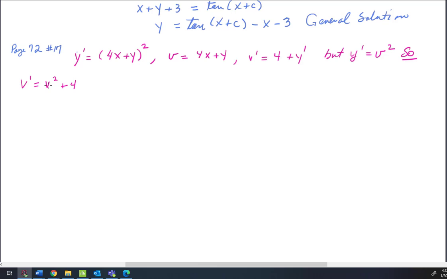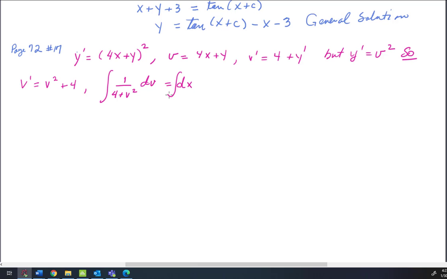And finally, this is variable separable. So if I rewrite this separating the variables, I get 1 over 4 plus v squared dv is equal to dx. And I've separated the variables, which is the proof that this was a variable separable equation.